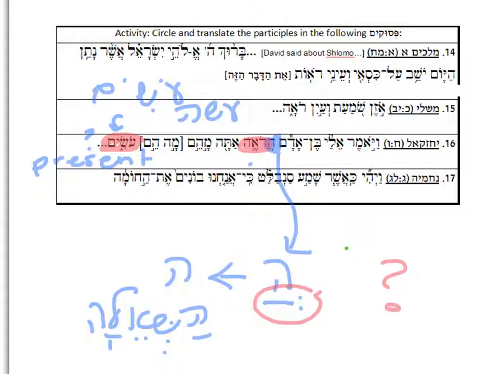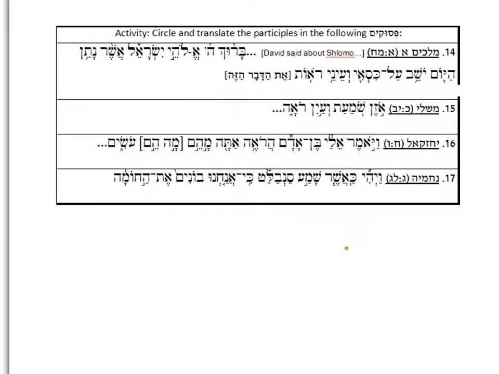Now let's look at 17. Vayhi asher shama Sanvalat. Sanvalat is the name of a person. So vayhi asher is when, shama, he heard, past tense. When Sanvalat heard, ki anachnu bonim et hachoma. So look at the word bonim.